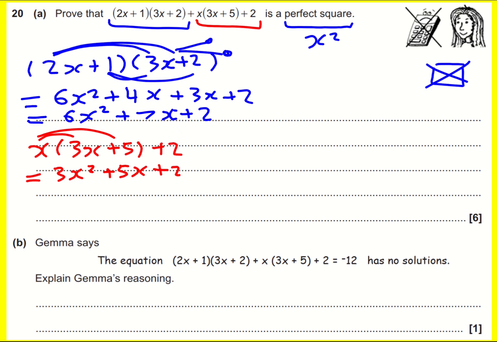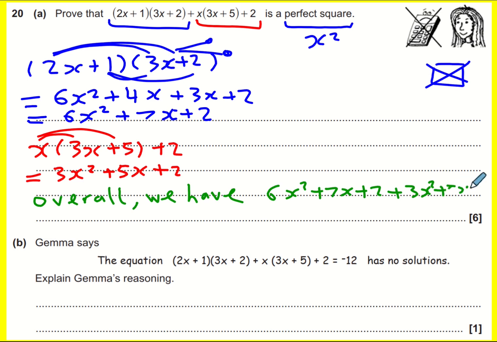So overall, we have 6x squared plus 7x plus 2 plus 3x squared plus 5x plus 2.